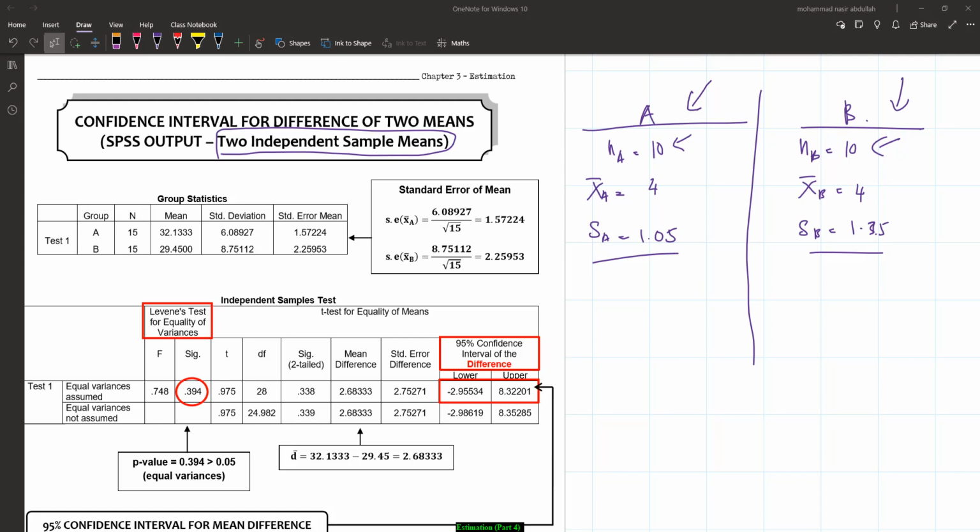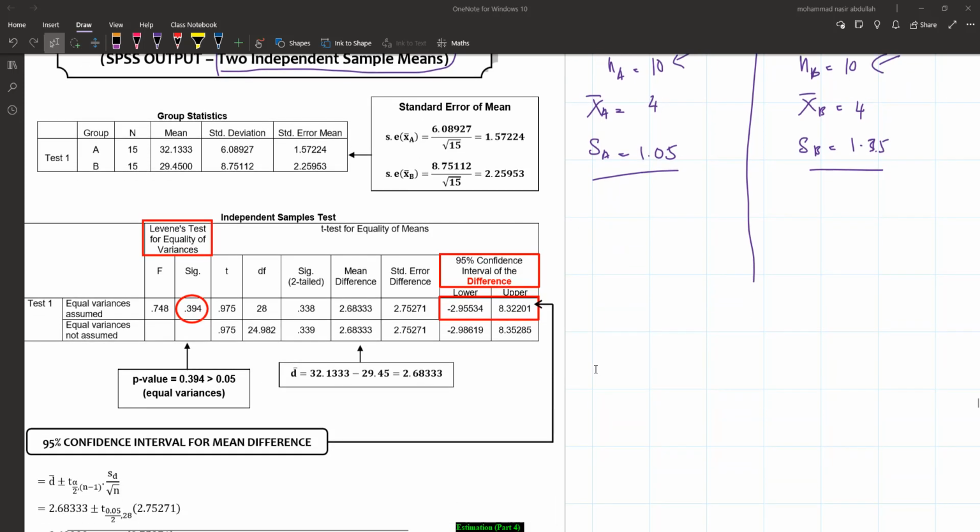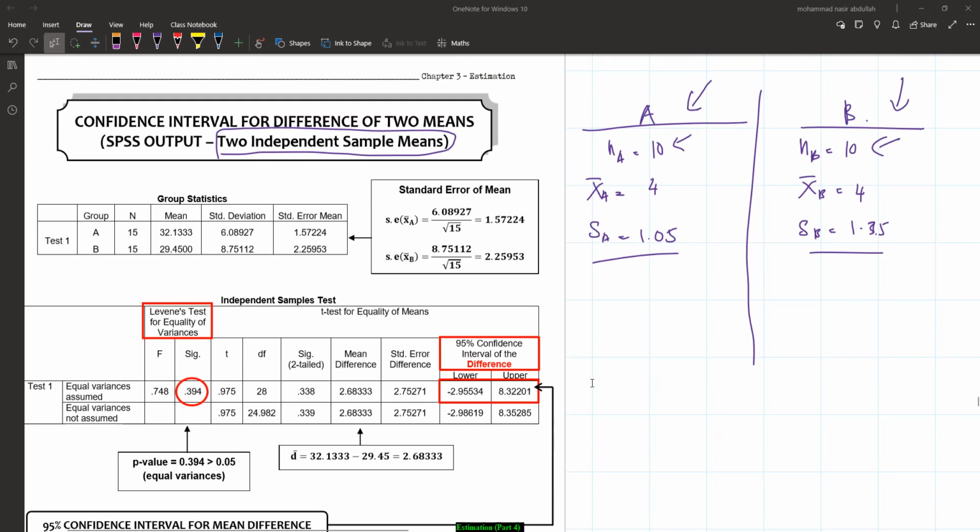Okay? So this is the SPSS output for the independent sample t-test, or two independent sample means. First it will give you the group statistics, which include the mean value, standard deviation, and standard error of the mean.